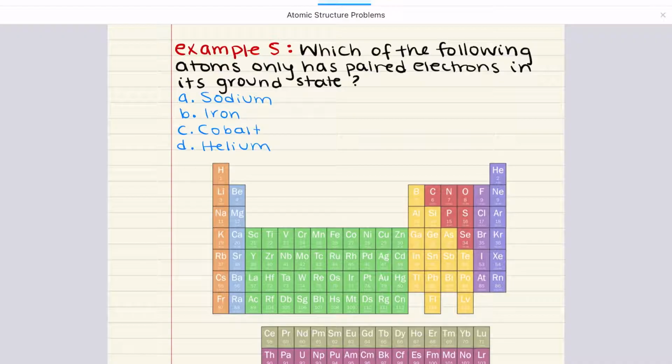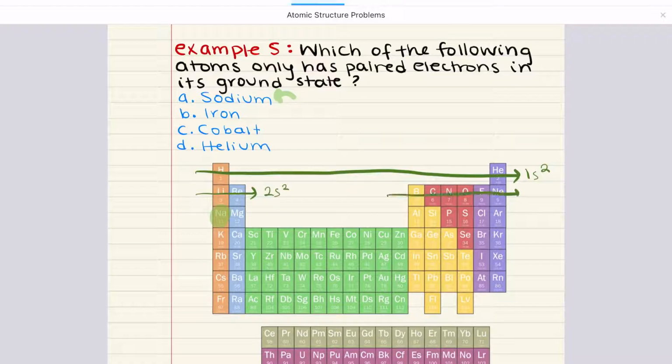So let's start with our first answer choice, which is sodium. Sodium is right here. So let's determine the electron configuration by, again, just reading it off of the periodic table. So what we have here is 1s2, 2s2, 2p6, 3s1.